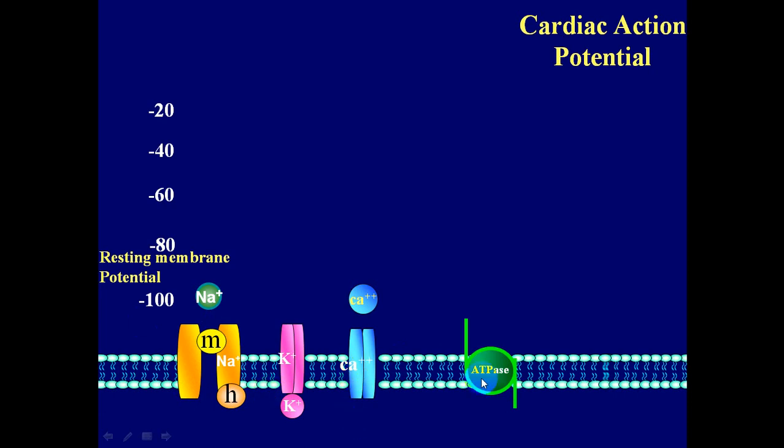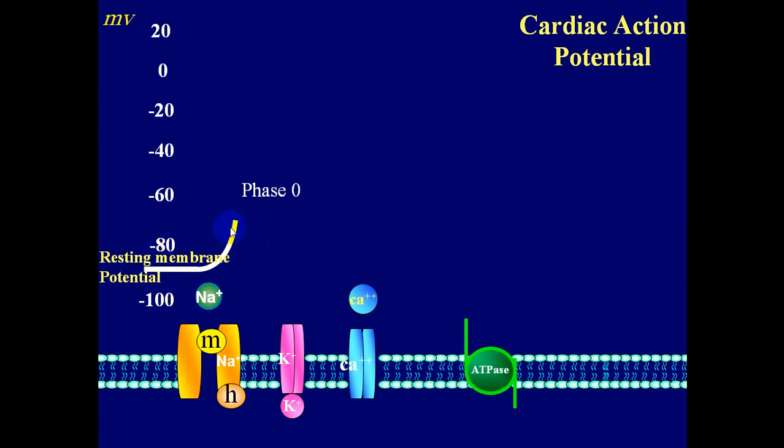This is the membrane of the myocardium, and at rest there is more sodium and calcium outside and more potassium inside. The resting voltage is minus 80 to minus 85, nearly minus 90, and above minus 80 the cell is nearly ready to fire.